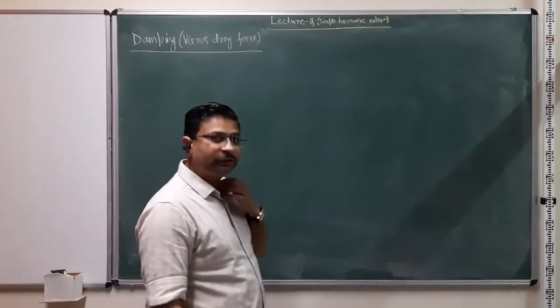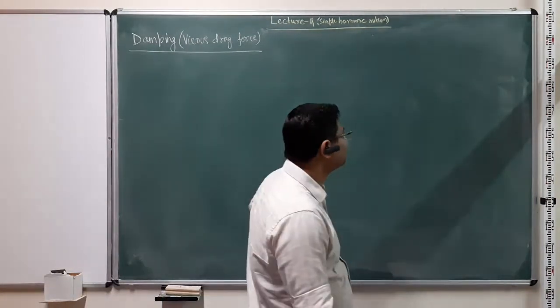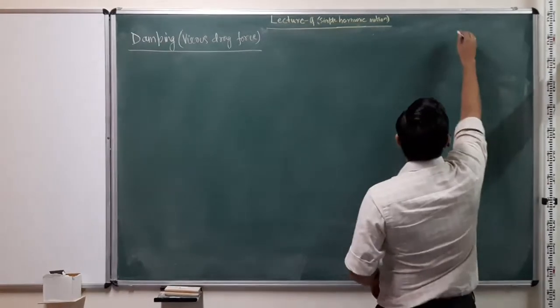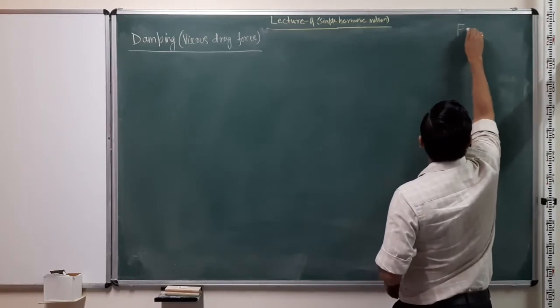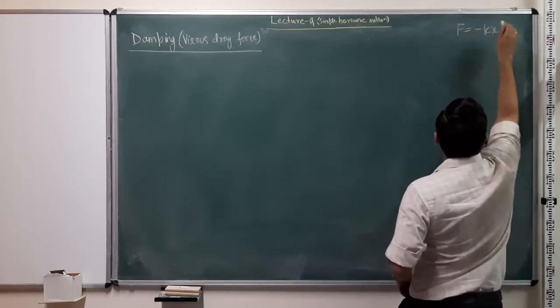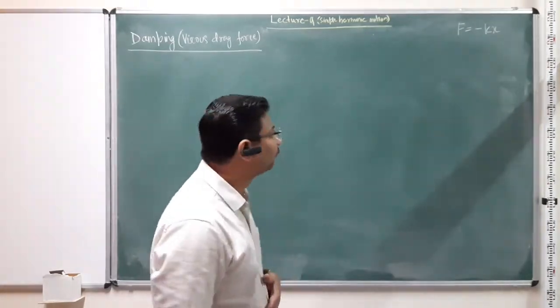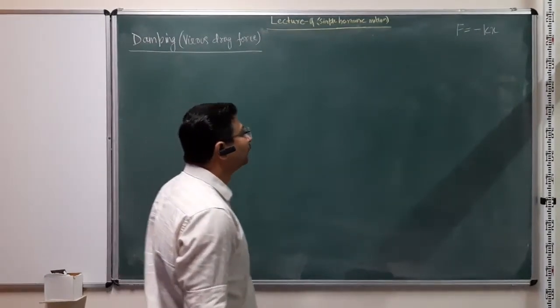So in the last lecture, we saw that there is a conservative central force of the kind, let's say F equal to minus kx in one dimension, which leads to simple harmonic motion or simple harmonic oscillation, right?